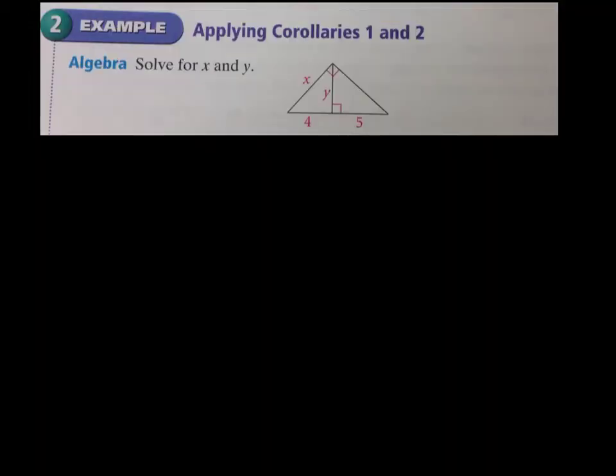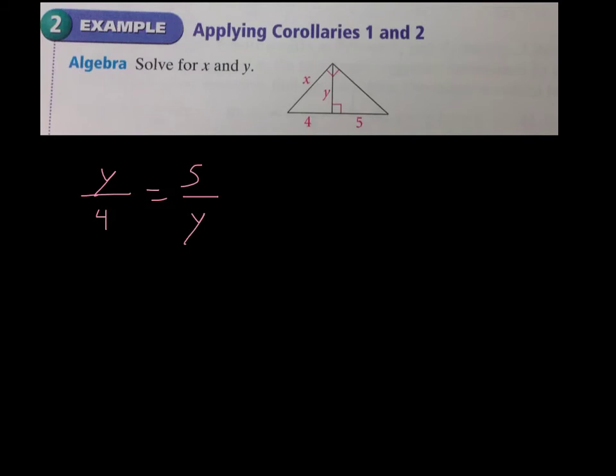Okay, let's look at a specific example and see if we can understand that second corollary better, and the first corollary for that matter. To get y in example 2, we're going to use the first corollary. It says the altitude to the hypotenuse, y in this case, is the geometric mean for the two parts of the hypotenuse, which in this case would be 4 and 5.